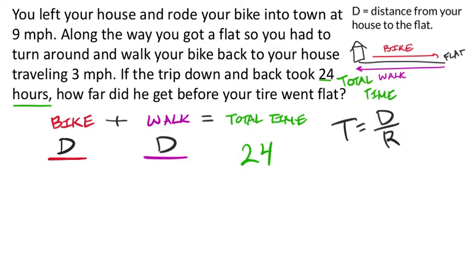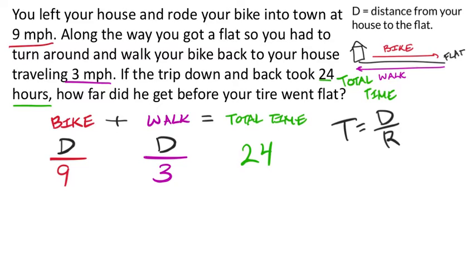But then again, we have to look at the rates. Well, the rates were actually given to us, right? So up here, it says that you were riding your bike at 9 miles per hour. So it's going to be a 9 in the denominator there for my biking, because remember, the rate goes in the denominator. And then when you walk, you're going at 3 miles per hour. So that's going to be divided by 3 right there.